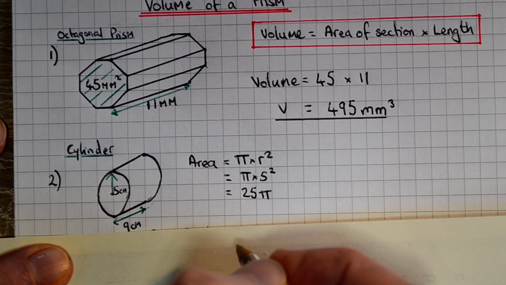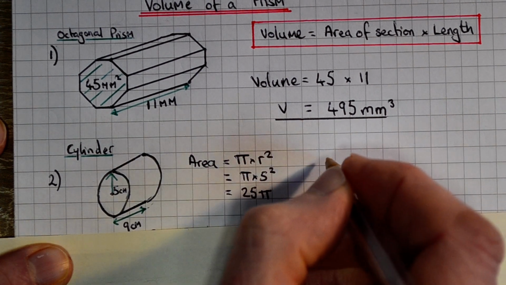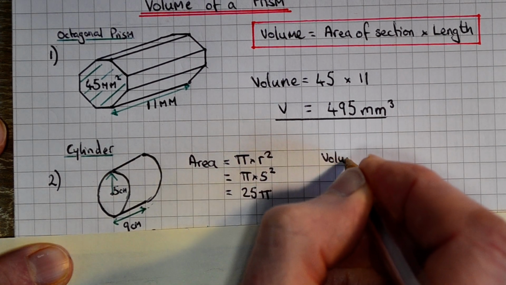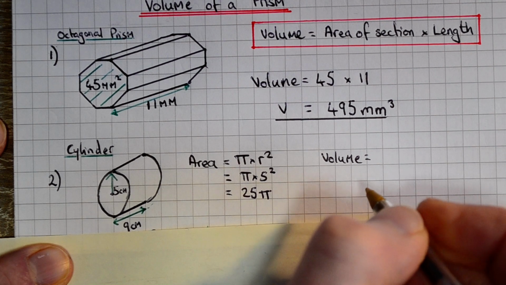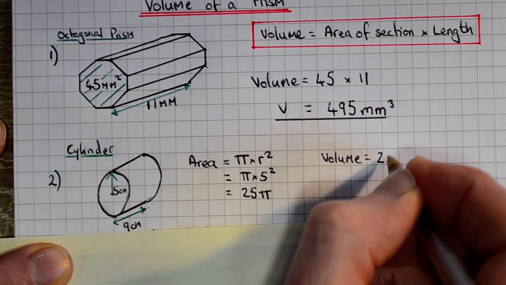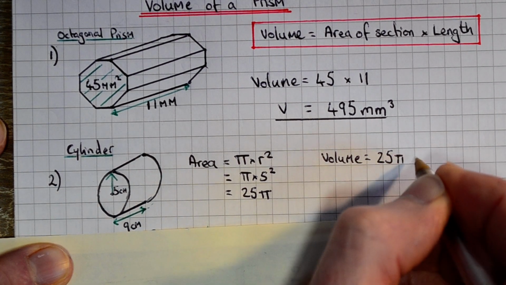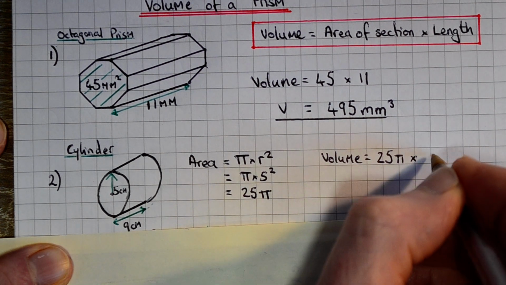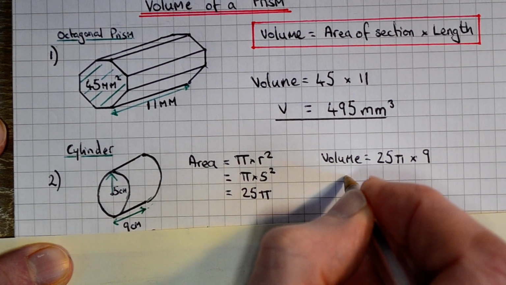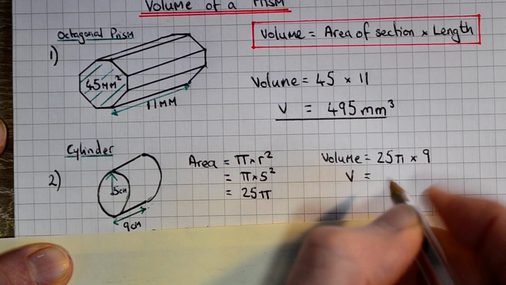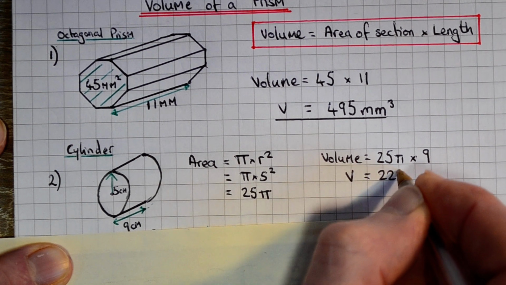Now we're going to find the volume. So to do the volume, it's the area of the section, which we've just worked out, times the length. So 9 times 25 is 225.